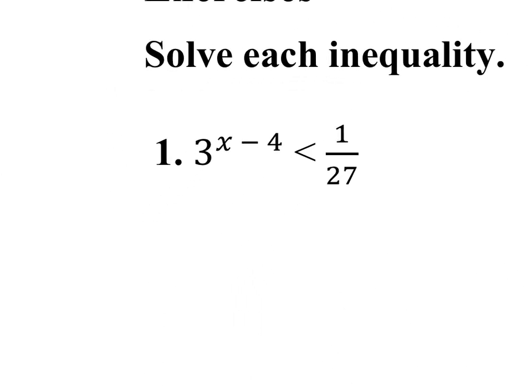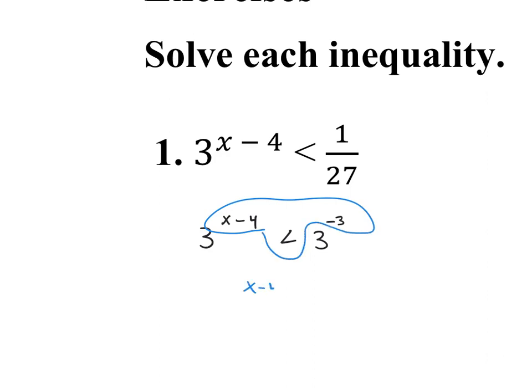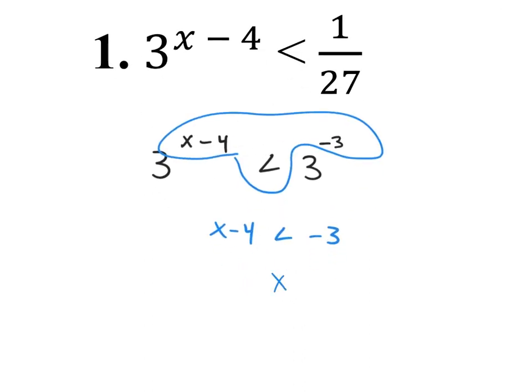So for us here, when we have 3x minus 4 is less than, I can re-express 1 over 27 as 3 to the negative 3rd power. Once we have that, we're going to set our exponents not equal anymore, but set up with the proper inequality.